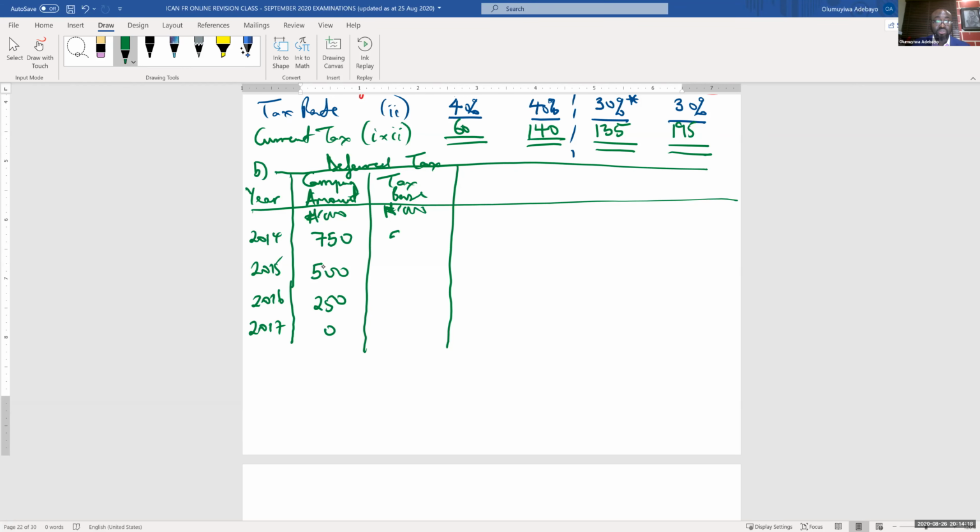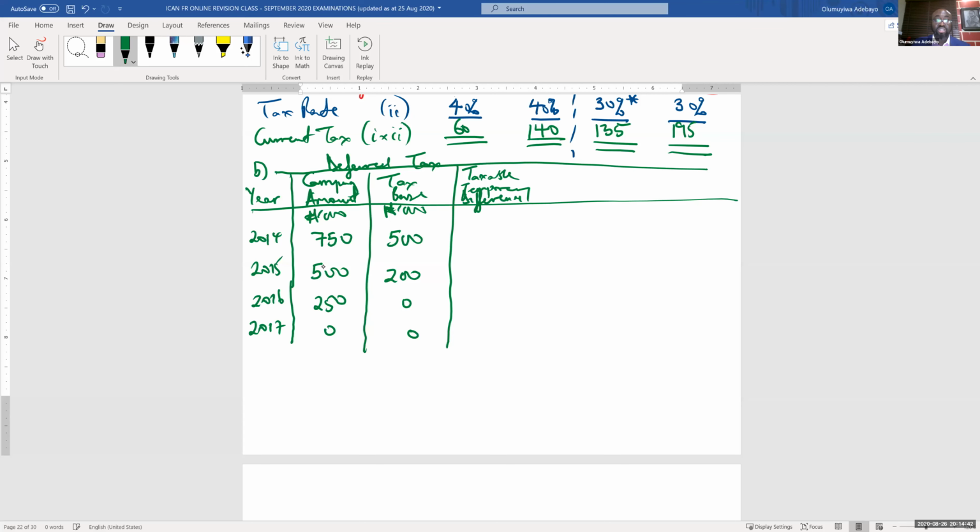While tax base was 500 in year 1, 200 in year 2, 0 in year 3, and 0 in year 4. Recall that because the carrying amount of the asset is greater than the tax base, what we have is a temporary difference that is considered taxable.